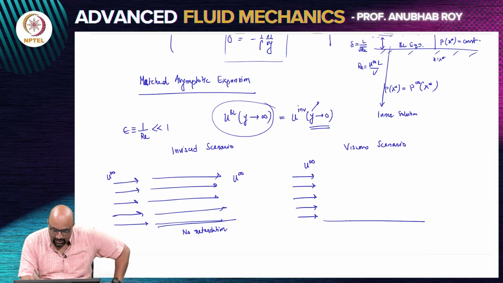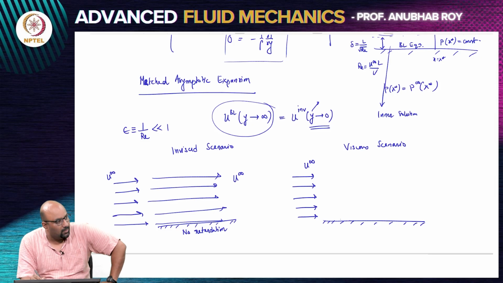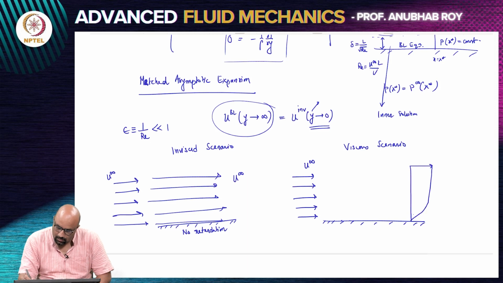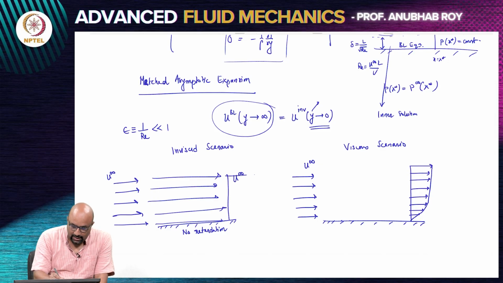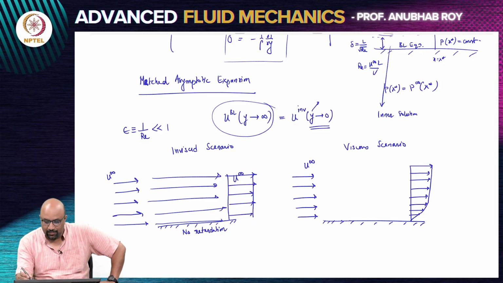We know that the moment it arrives at the plate, it will come to rest. So, if you were to measure the velocity at some station further downstream, unlike the inviscid flow problem where the stream is completely unretarded, it remains exactly of the same magnitude, here the stream basically gets slowed down near the plate.